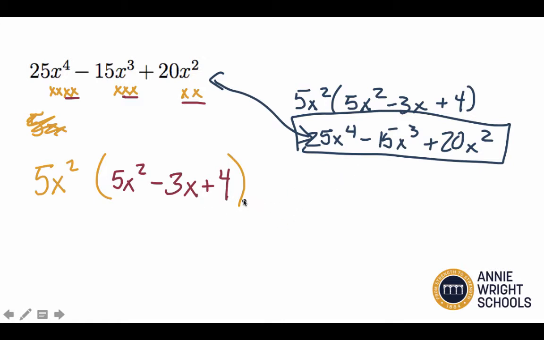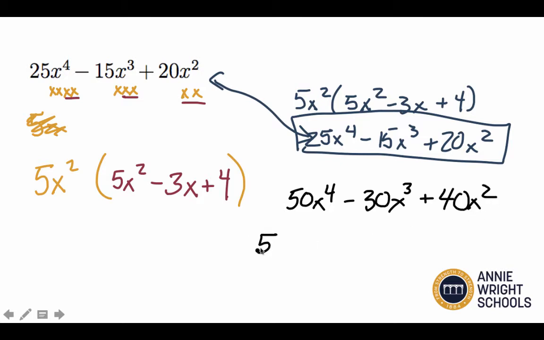So an example could be something like this. Let's just say 50x to the fourth minus 30x cubed plus 40x squared. If you take out the 5x squared, you get 10x squared minus 6x plus 4.